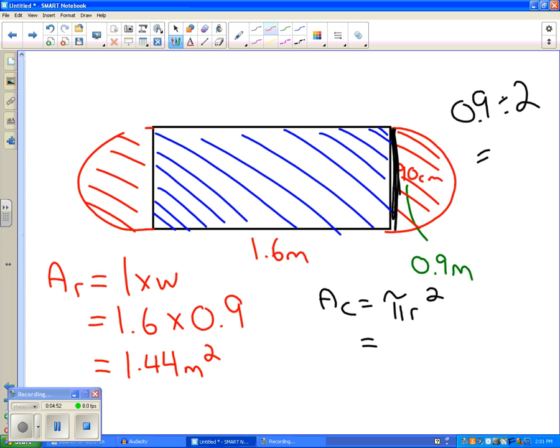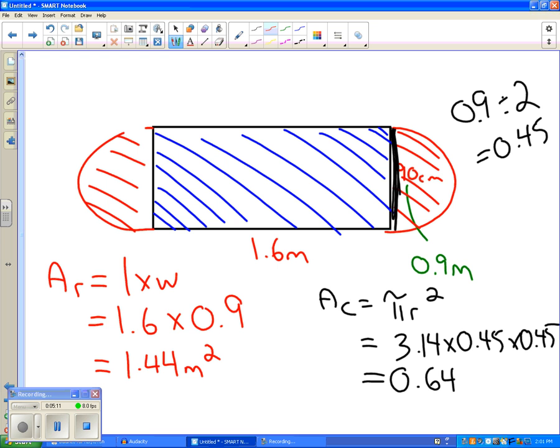And we get that to be 0.45. So that's our radius. So we're going to do 3.14, we're going to put in what we know, times 0.45 times 0.45. We're going to multiply that out, and we get 0.64 meters squared.